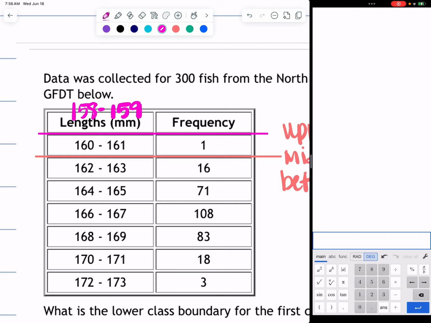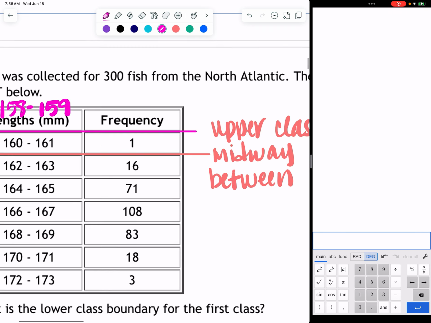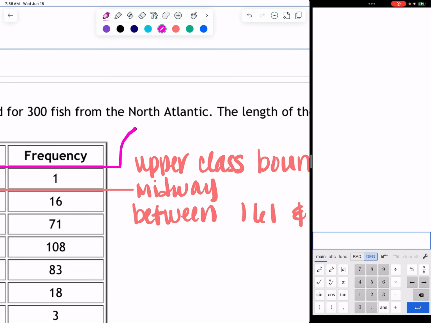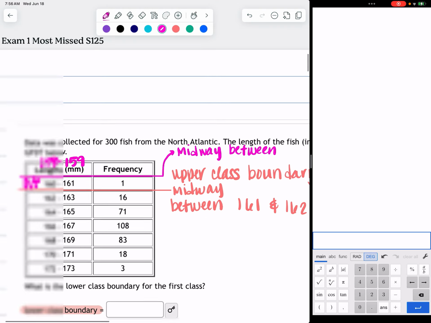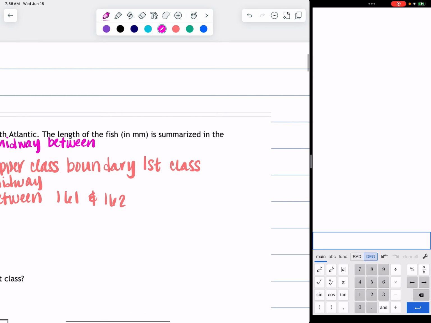And the lower class boundary for our first class is going to be midway between 159 and 160.